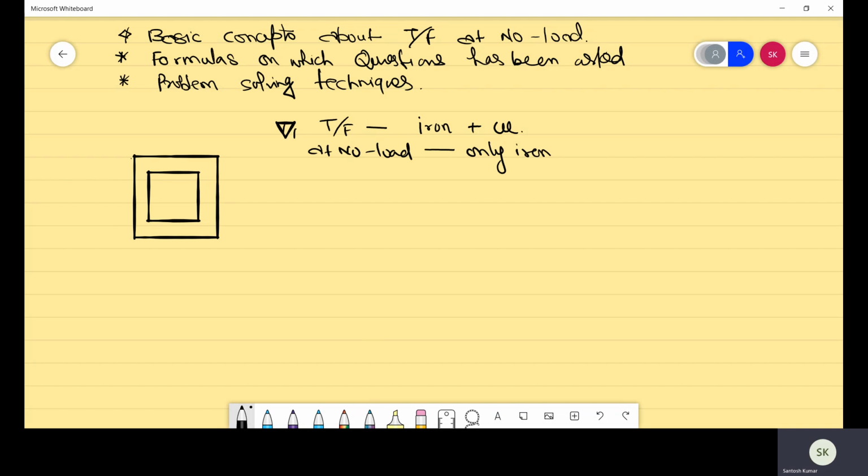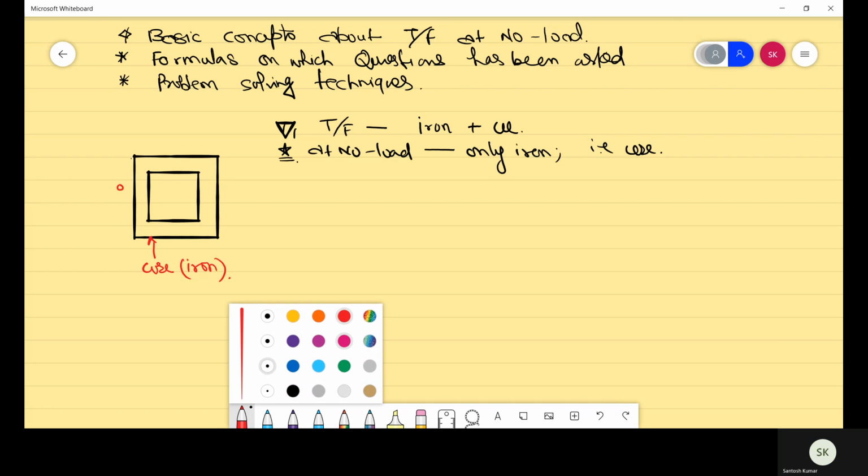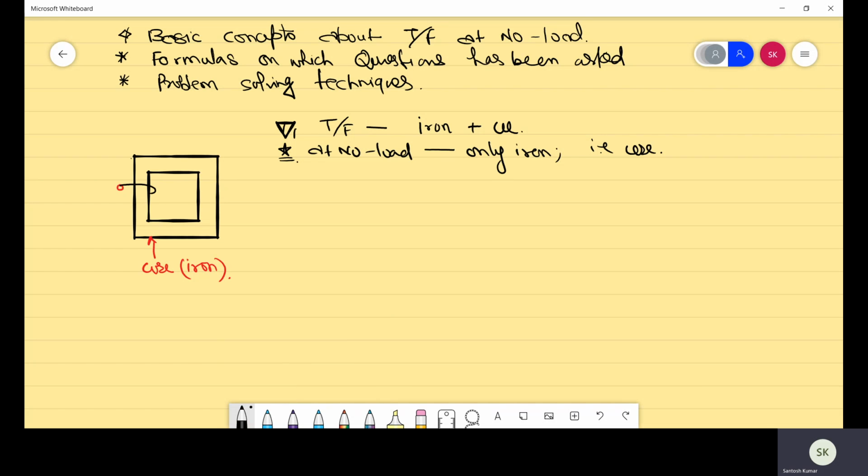Now see why I am giving stress to this. Now this is the transformer. Core is there. This is the core. Either you say core or you say iron. Now let me draw the copper also. That is the winding. Copper means winding. Iron means core.